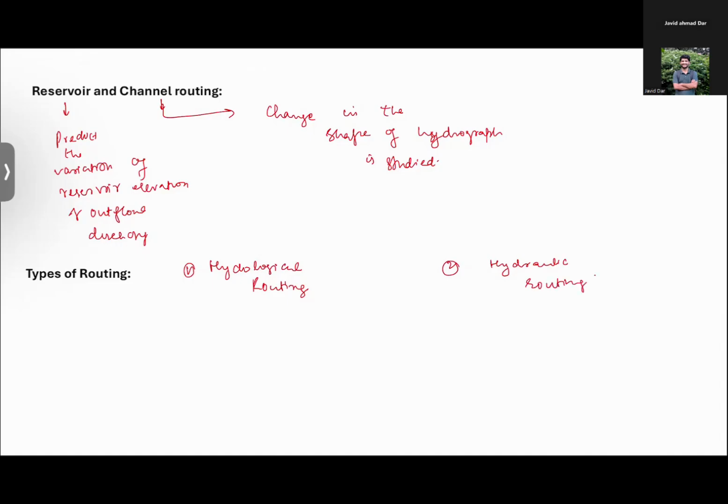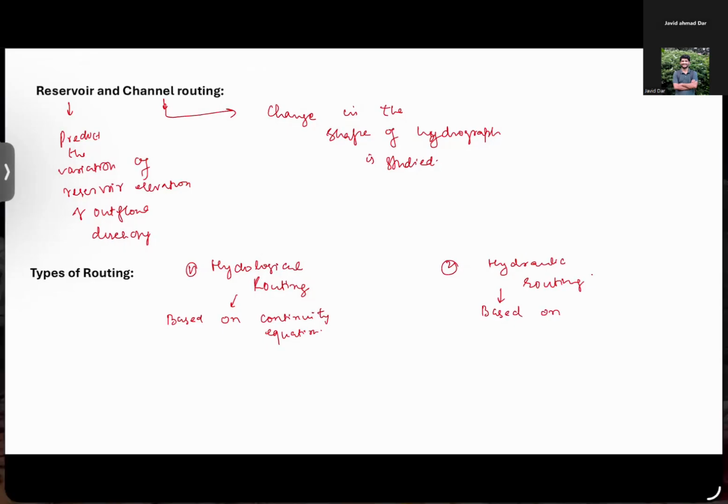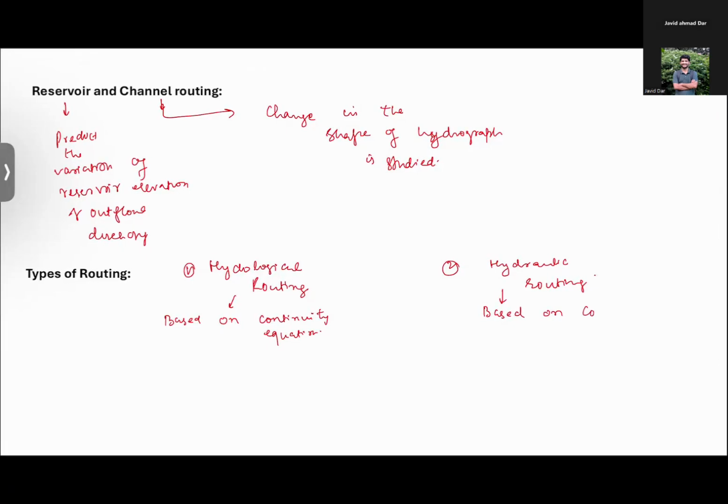In the case of hydrological routing, this is completely based on the continuity equation. The continuity equation says that the change in storage is inflow minus outflow. But in the case of hydraulic routing, this is based on the continuity equation, but it also uses the equations of motion for unsteady flow.